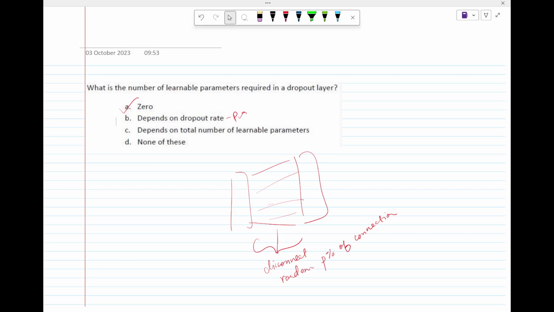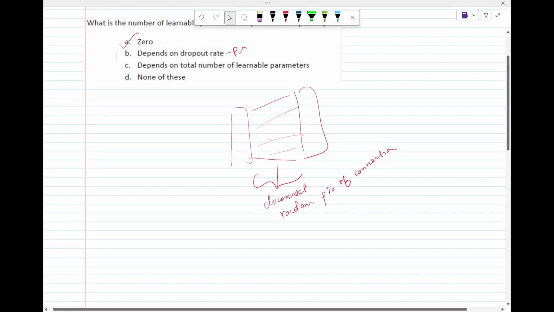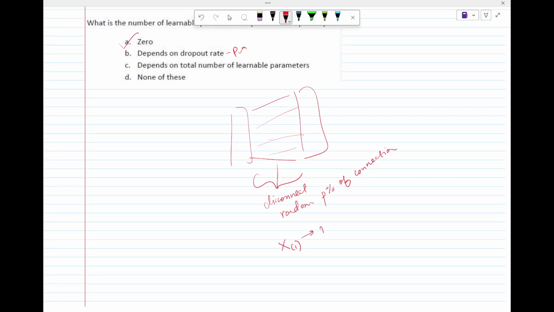How dropout is implemented is, if you're using mini batches, for a given batch, let's say x1 is one batch, it has some n samples in it. For this batch, you will drop out some 50 nodes randomly and you'll update the corresponding connections.